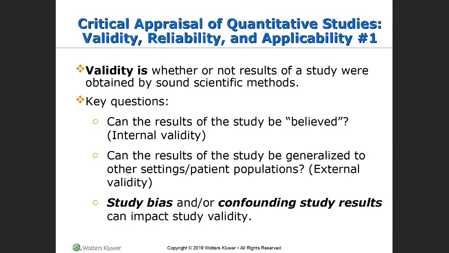There are such things as study bias and confounding that can impact the validity. What that means is, were there specific things that make you suspicious of whether or not this is a valid study, based on other things that you know about this, or does it follow other research that has already been done?